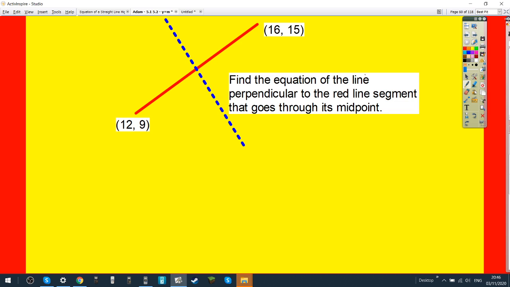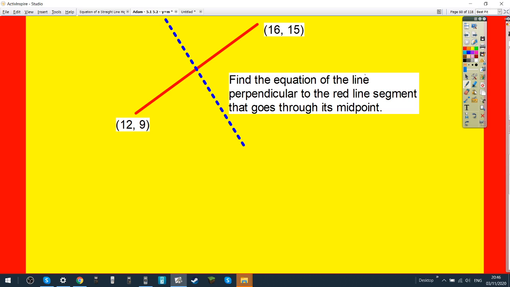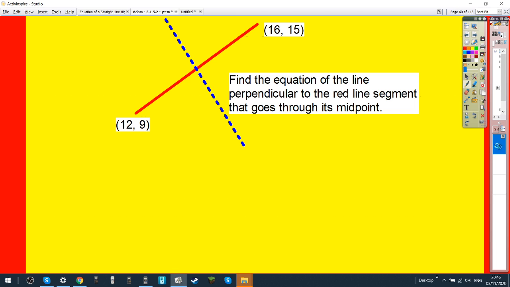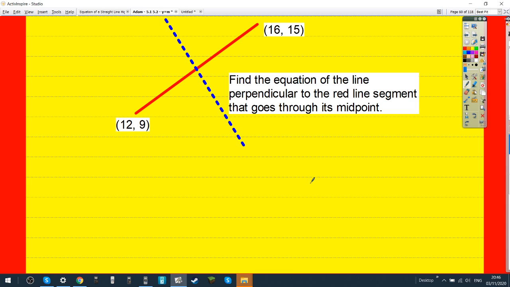What formula can you make? I'm not doing that. Okay, how do we do this? So we'd work out the midpoint of the red line first.